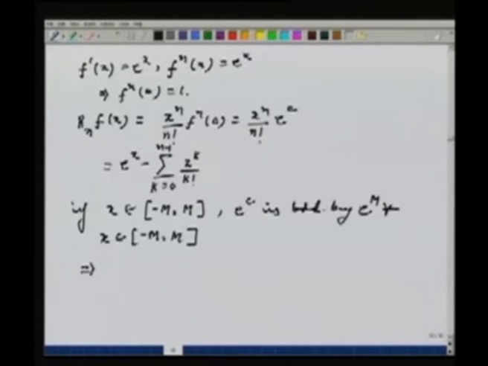This then implies that mod Rn fx is less than or equal to mod x to the power n divided by factorial n into e to the power m.